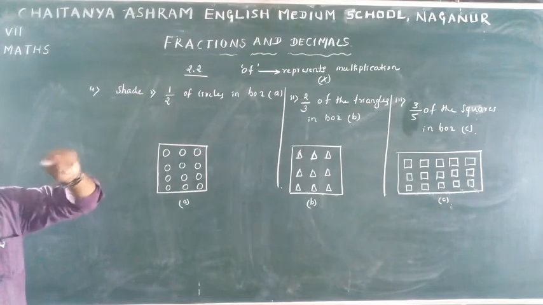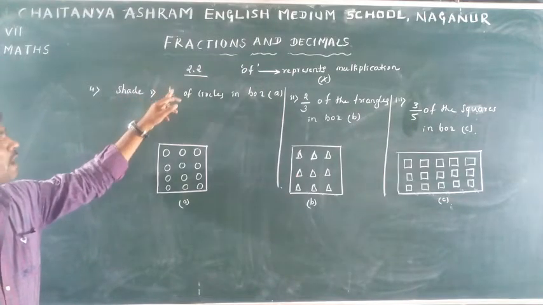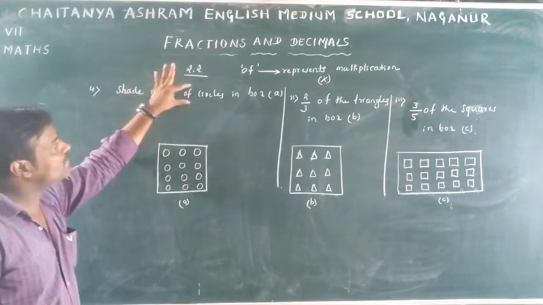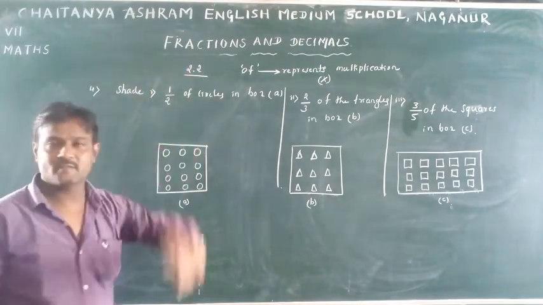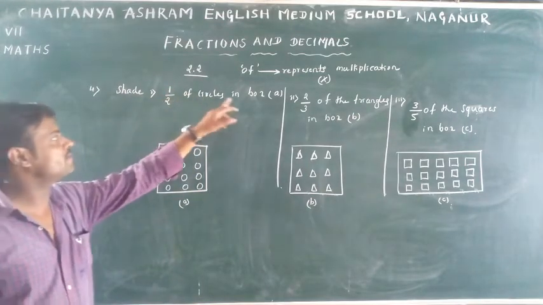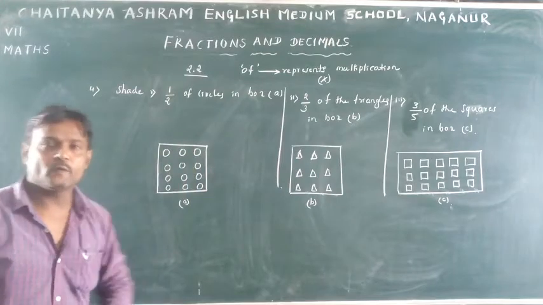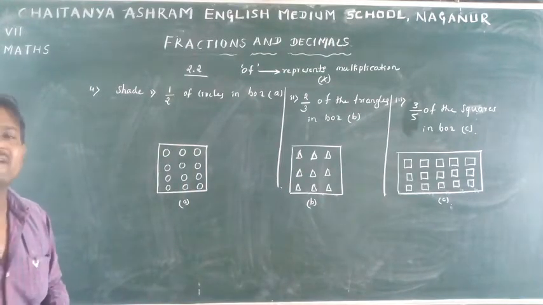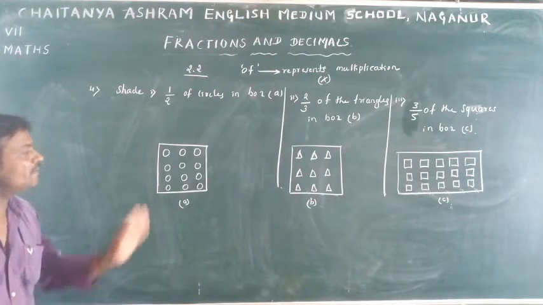See the first one. Shade half. 1/2 means what? Half. Shade half of the circles in the box. So how many circles do we have to shade in this box?